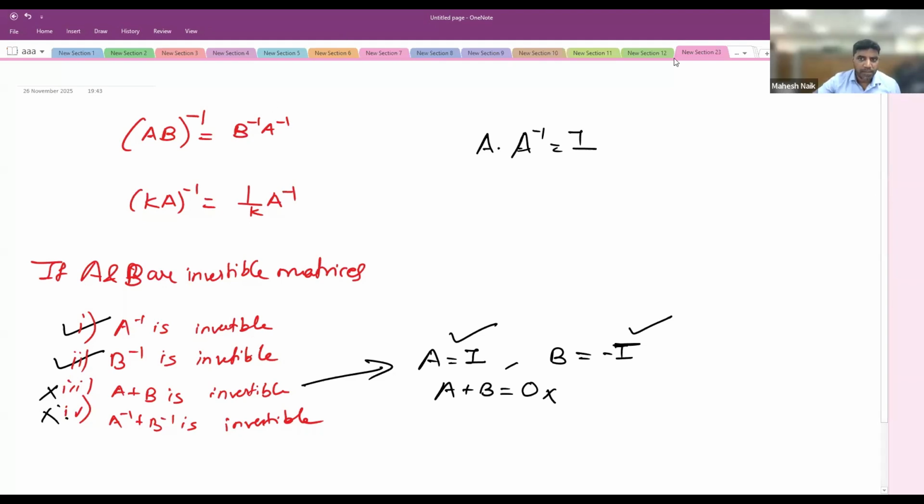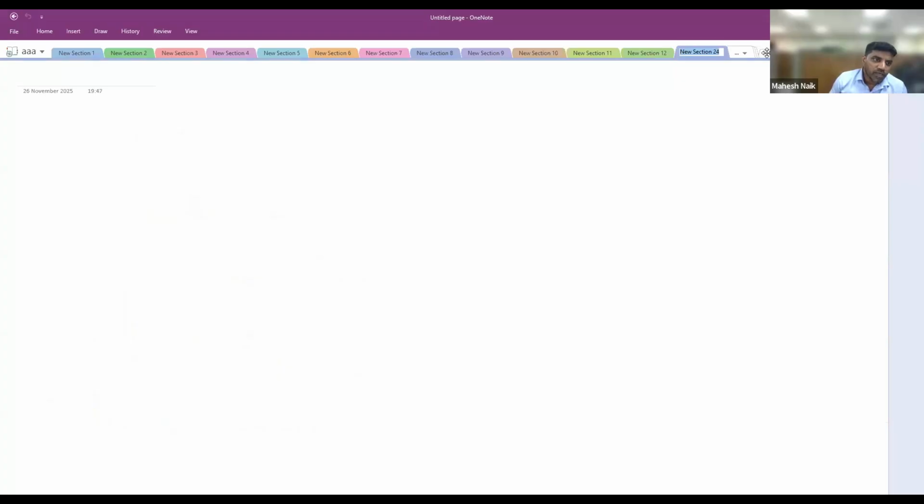For the similar example, if A is invertible, B is invertible, and at the same time, A plus B is also invertible, then which of the following will be invertible?